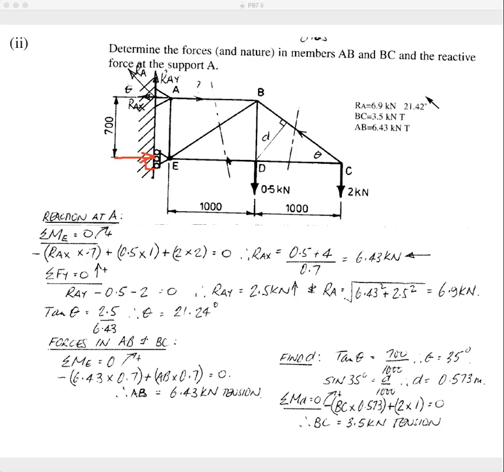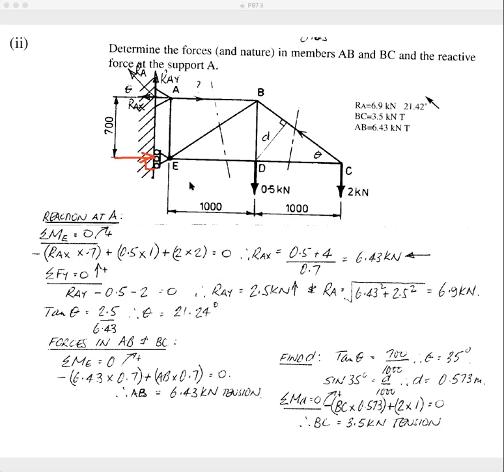So let's say that we've taken a section through here, and we're going to take the, what section did I take? The left-hand section.